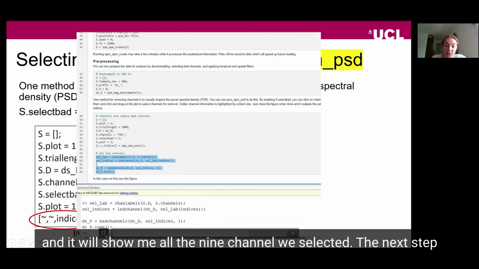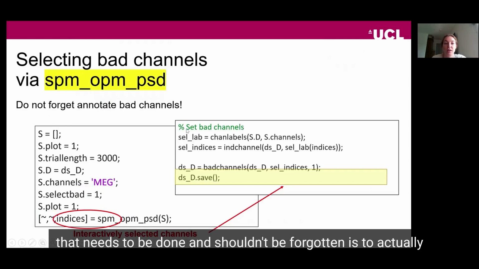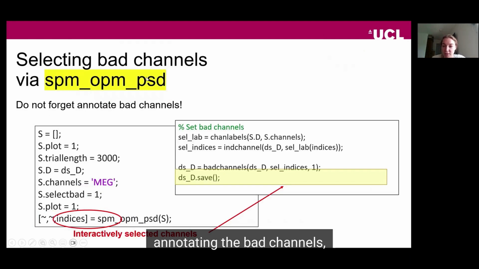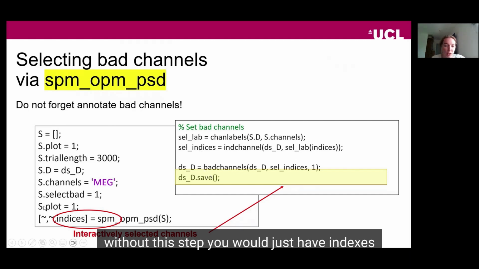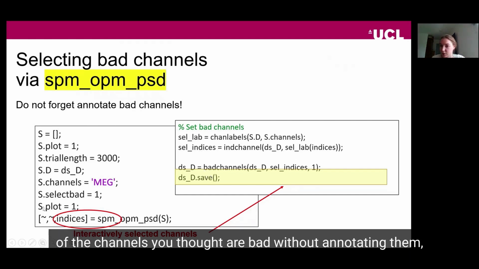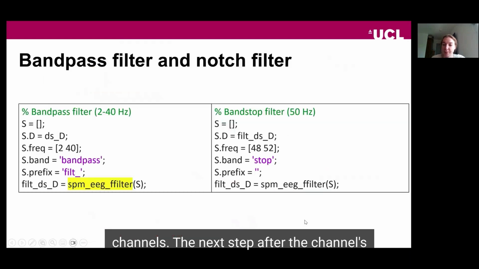The next step that needs to be done and shouldn't be forgotten is to actually annotate the bad channels. So using these indexes, don't forget to find the name of these channels and select them as bad channels. Without this step, you would just have indexes of the channels you thought were bad without annotating them. So you need to use the bad channels function to annotate the bad channels.